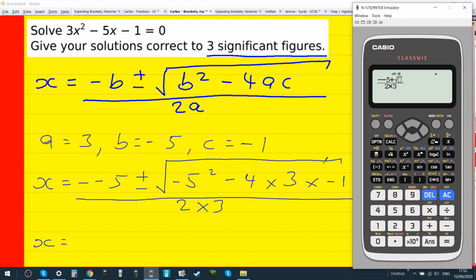The -5 squared, the -5 is in a bracket. The calculator is using BIDMAS, so it did indices first and subtracting second. So -5 squared should give you +25, but the calculator was doing it as -25. So you have to put the -5 in a bracket the way I have it there.